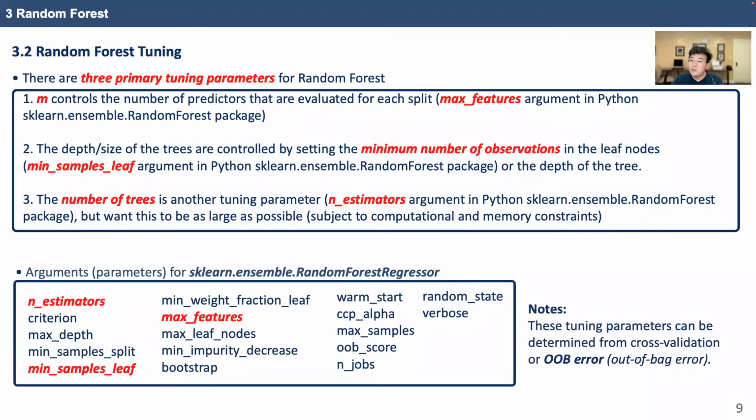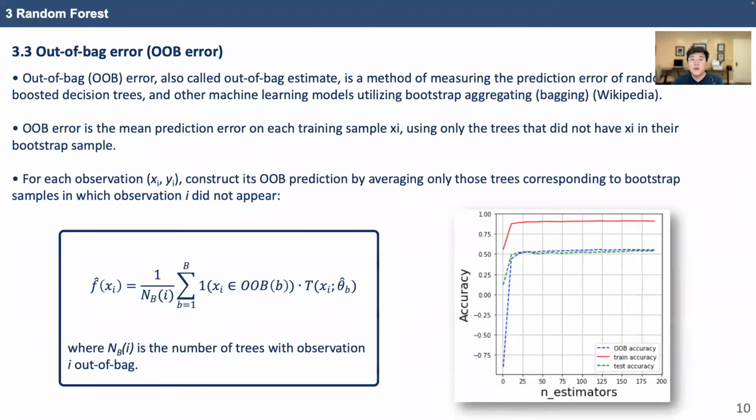So what is the OOB error? The OOB metric measures the accuracy of prediction using the trees in the random forest ensemble for which the observation was omitted during training. Thus, it acts as a semi-testing instance. Specifically, out-of-bag error, also called out-of-bag estimate, is a method of measuring the prediction error of random forests, bootstrap decision trees, and other machine learning models utilizing the bootstrap aggregating method, the bagging method.